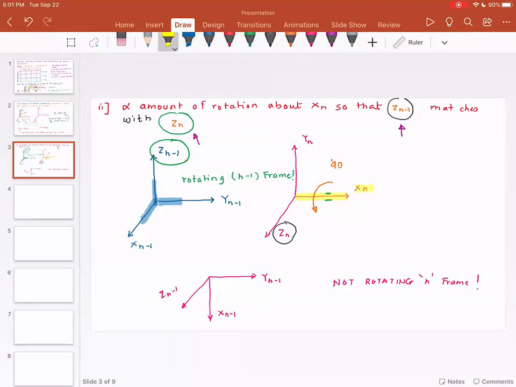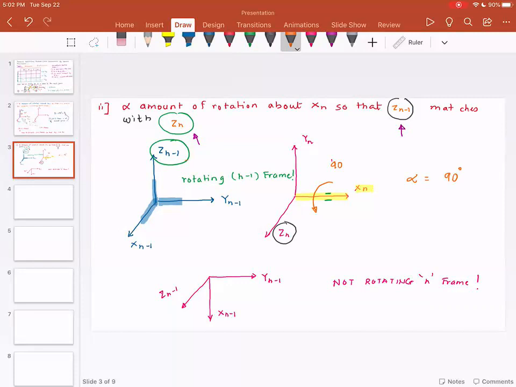And if you look at the rotation, it is clockwise 90 degrees. So if you curl your fingers in the direction of rotation, your alpha is going to be 90 degrees. So this is very important.